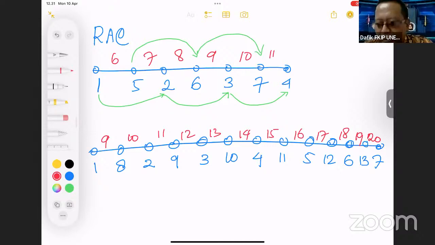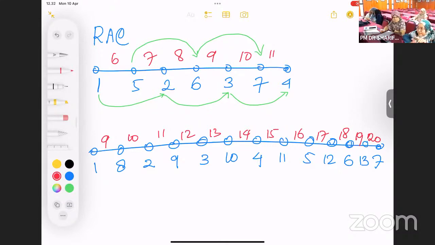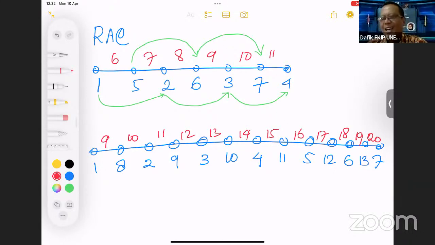Yes, please. I want to ask, because the first example that you gave us has odd vertices. So to extend the previous graph, we need to choose odd vertices also. Is it correct? Did you say odd and even?